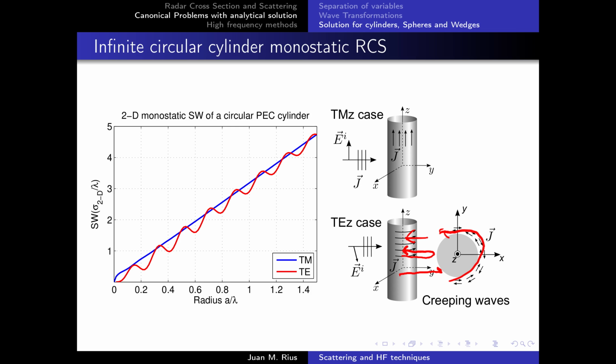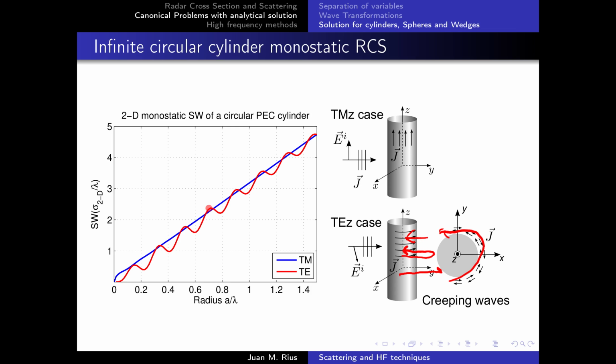This interference between the reflection at the front surface and the creeping wave scattering in the back direction can be constructive or destructive.